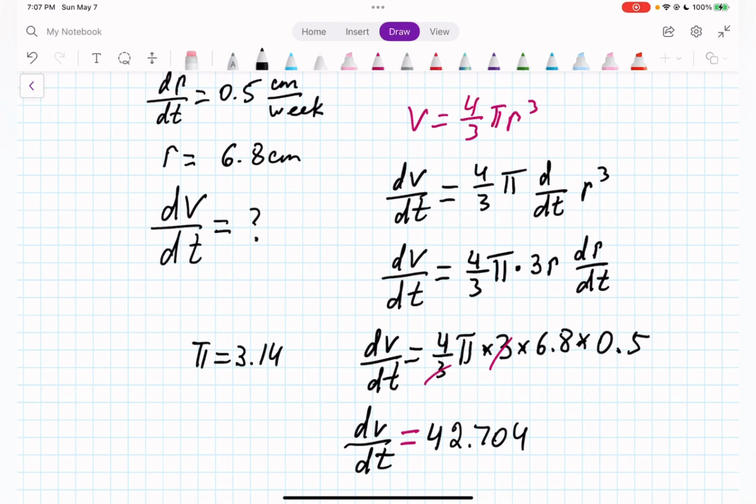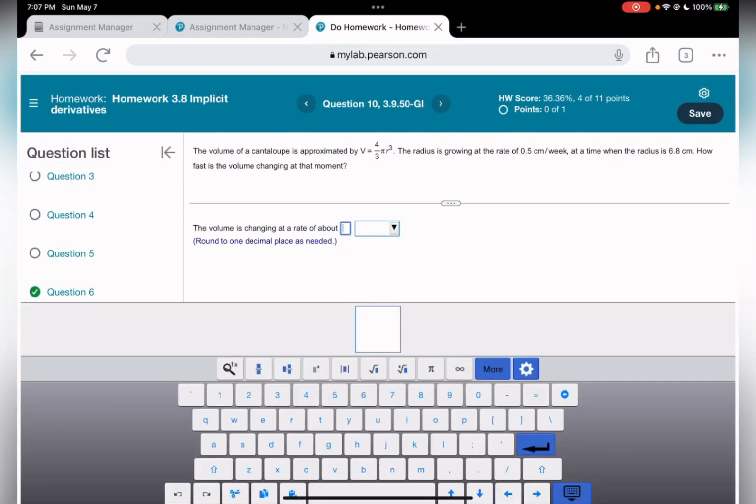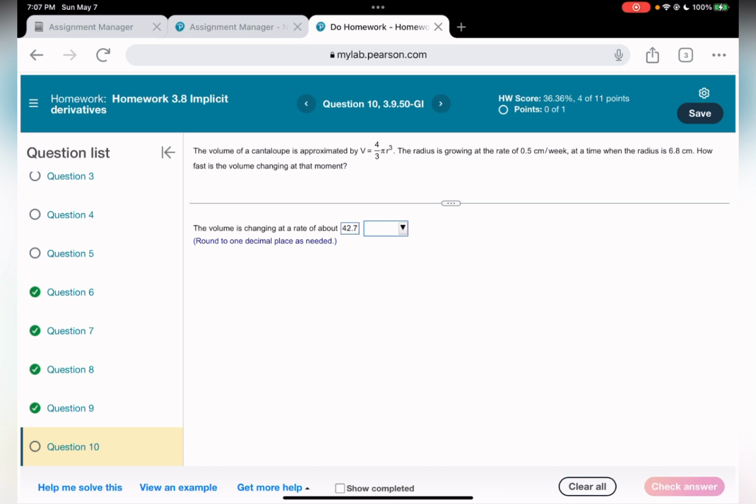How many decimals? One decimal. So it's going to be 42.7, and because it's a volume, the change is in centimeters cubed per week.